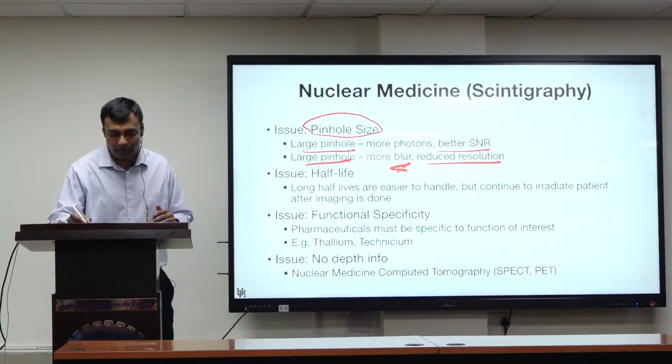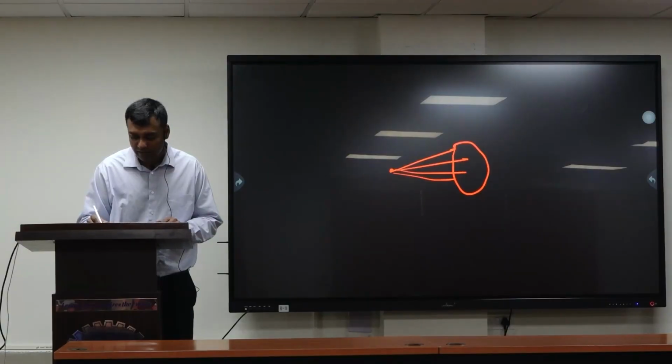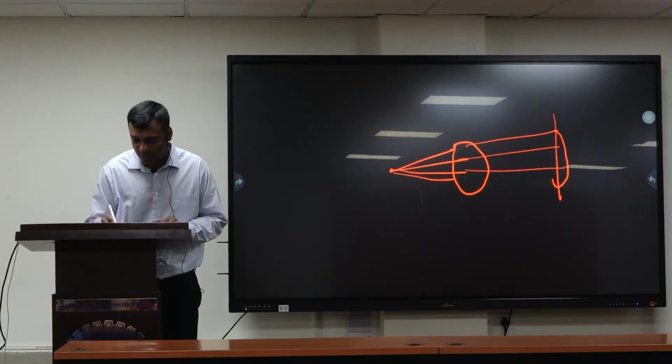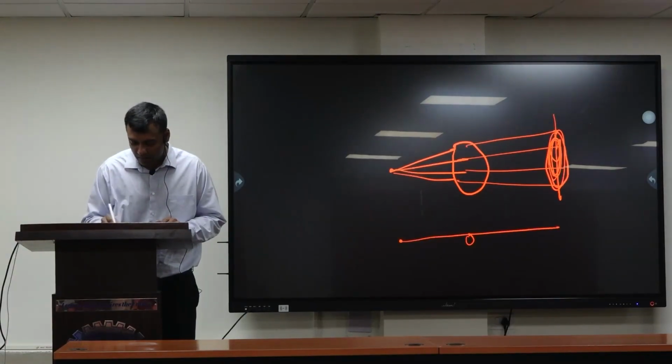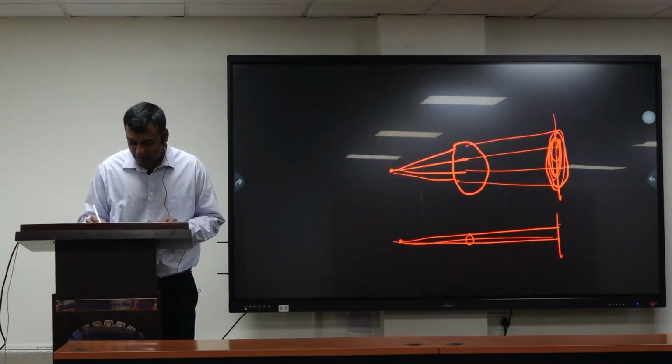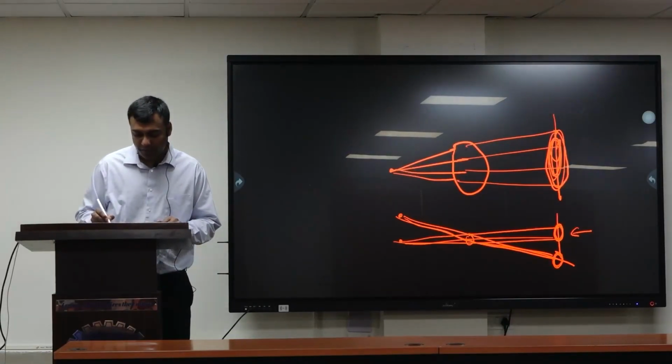So why is it like that? If you have something that emits radiation and you have a big hole, you will get a big blur here, something of this sort. If you have a very small hole and two things next to each other, they go through and make two different spots here.